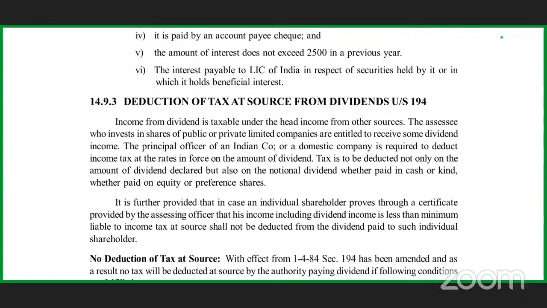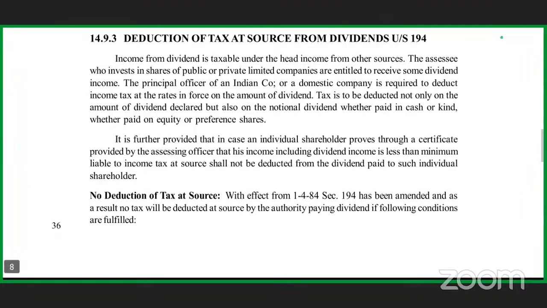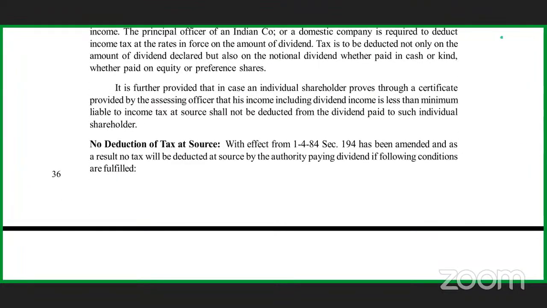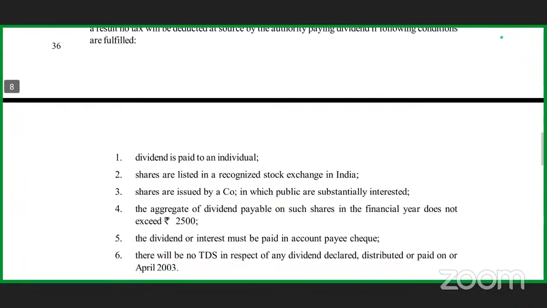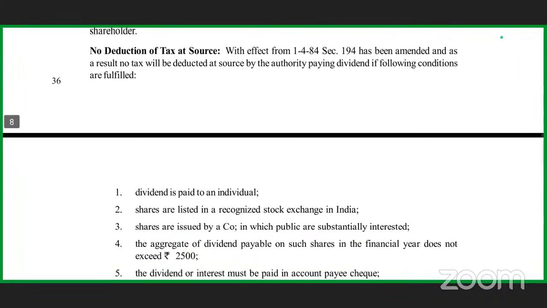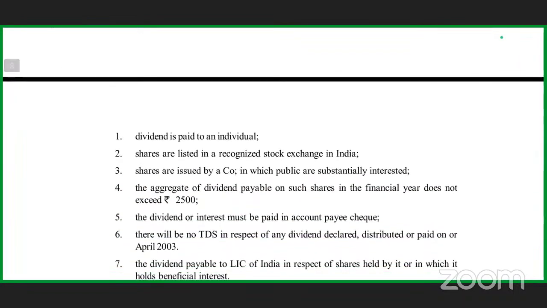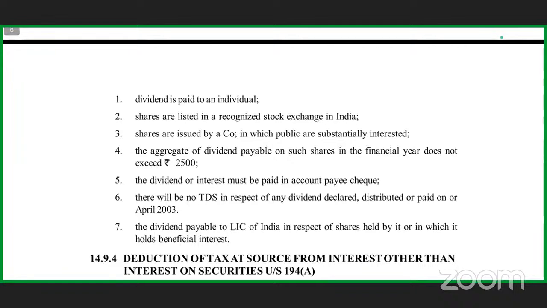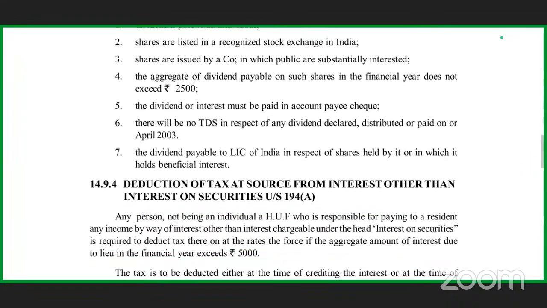So that is called tax deducted at source. Tax is paid before receiving. If the following conditions are fulfilled, then there will be no tax deducted at source: the dividend is paid to an individual, or shares are issued by a company on a national stock exchange. If these criteria are fulfilled, there will be no tax at source.